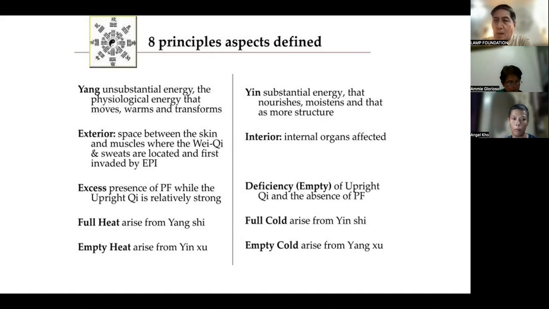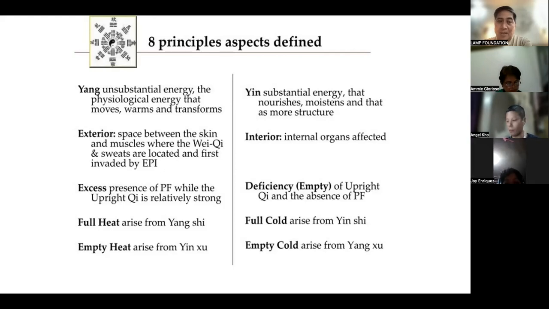Kasi kung mahina po ang ating upright chi, welcome na welcome po si pathogenic factor. Parang welcome with open arms. That means you're very weak. No? Of course, the upright chi is the sundalo. This is a sentinel or the immune system. No? This is supposed to counter the pathogenic factor. So every time you see the word excess, there's actually a fight going on.